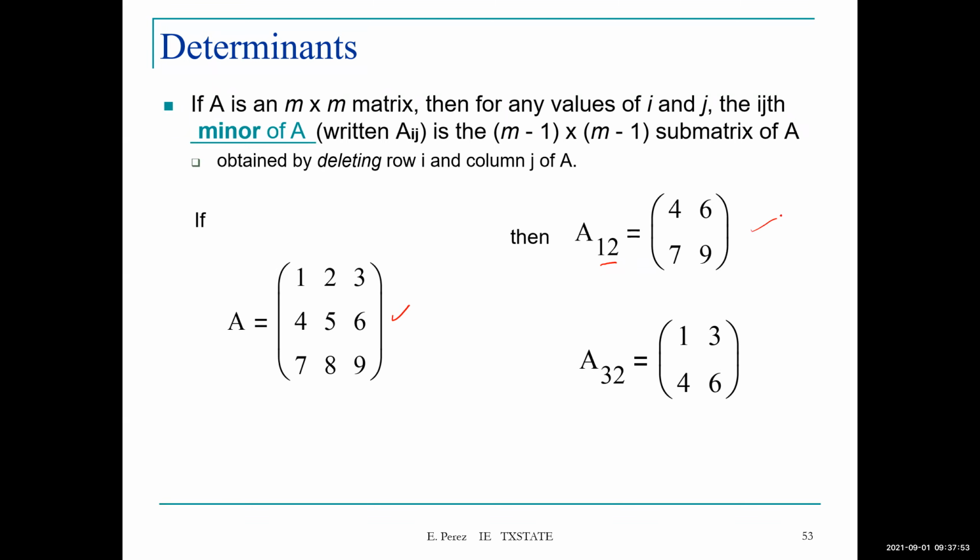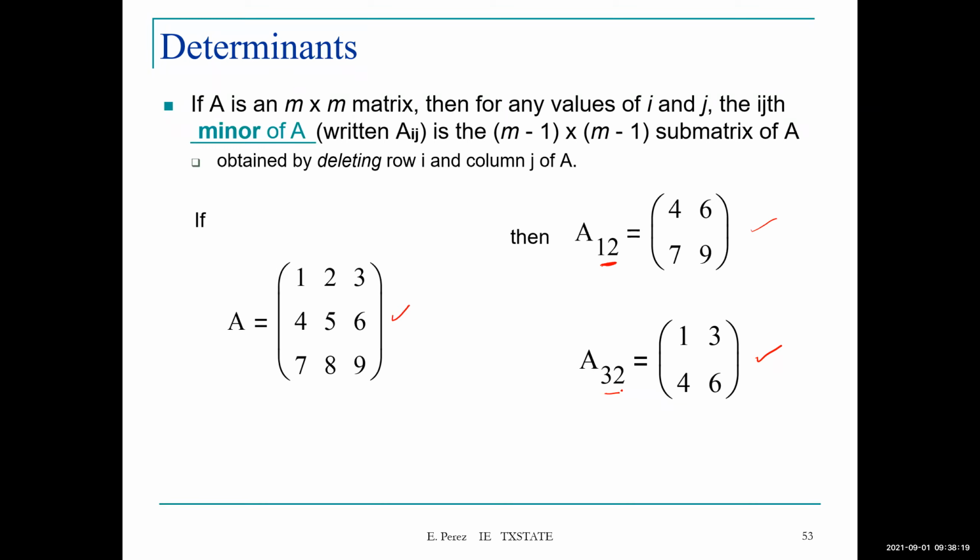Same thing for A32. We delete row number 3 and column number 2, and we obtain this minor A32. Very simple. So we name those minors based on the row and the column that we are deleting from the original matrix.